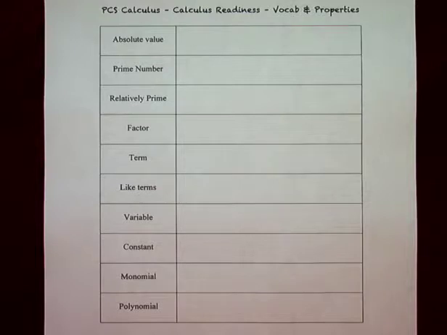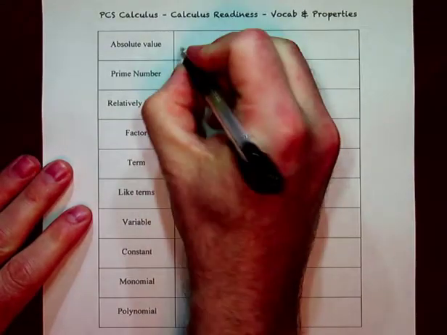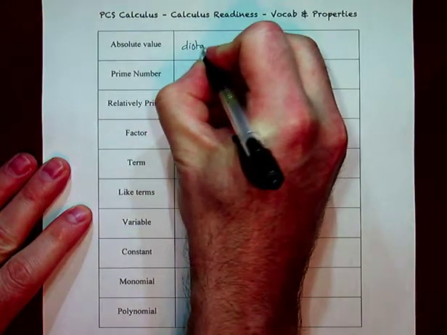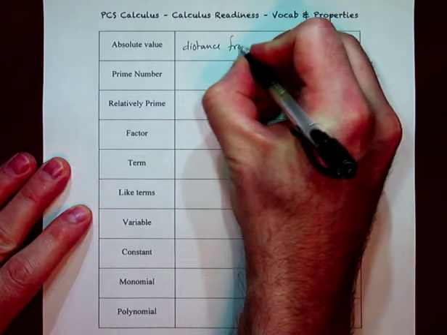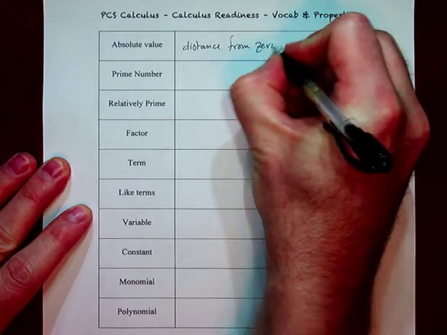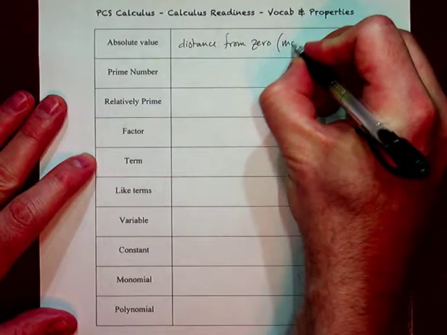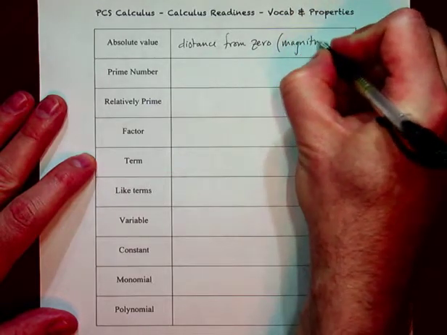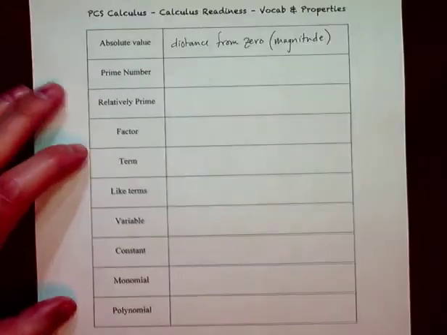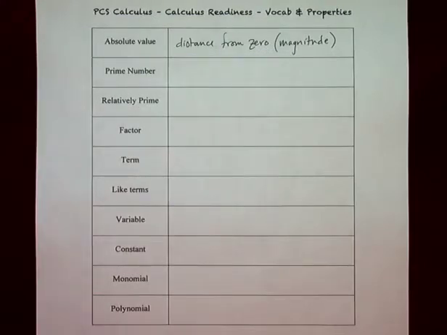And absolute value tries to capture that, okay? Absolute value just is distance from 0. And that means on the number line, okay? But basically, it is dealing with magnitude without regard to its sign, positive or negative.